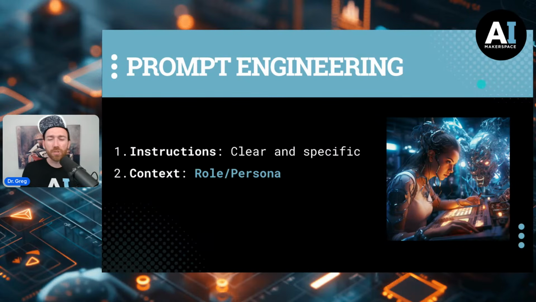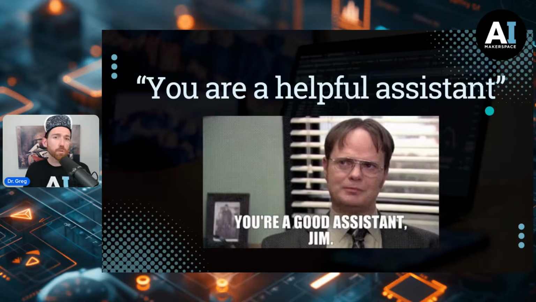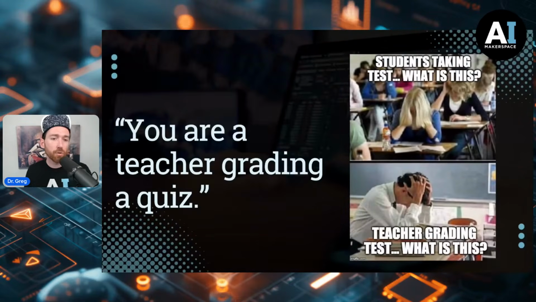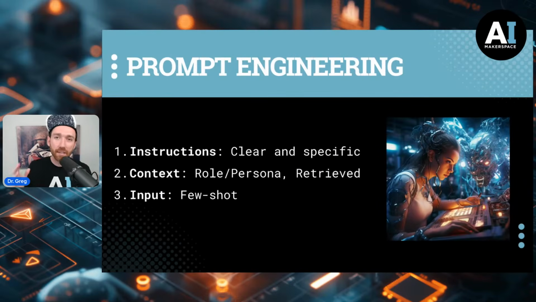And this role or persona oftentimes, as we saw in the early days, was something like you are a helpful assistant. Or we might be doing some evaluation and we might say, you're a teacher grading a quiz. This kind of role persona has obviously been expanded on to great effect and to great degree in the years since.